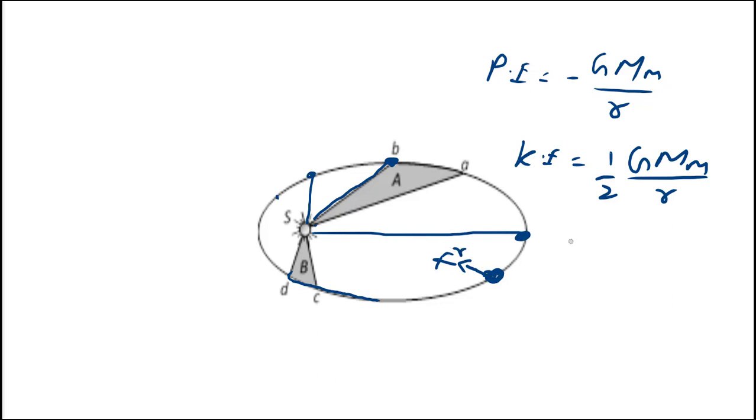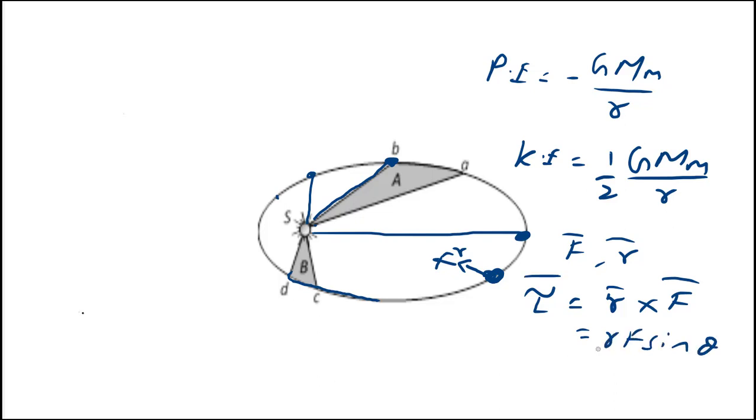So the force F and r both are directed towards the sun, and torque is r cross F. Now r cross F becomes rF sin theta. We observe that r and F are acting in the same direction, so theta between them is 0. So rF sin 0 is 0, so torque becomes 0.